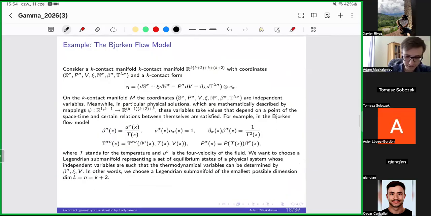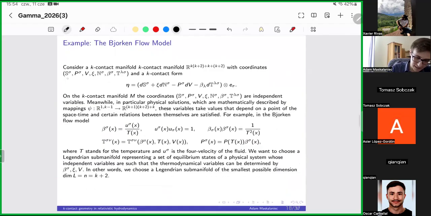So we considered a k-contact manifold with coordinates being this extensive entropy current, pressure current, volume, the chemical potential, particle current, velocity divided by temperature, and the extensive energy-momentum tensor. Then this k-contact form can be expressed with this equation.